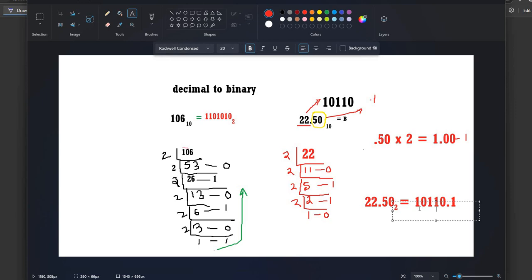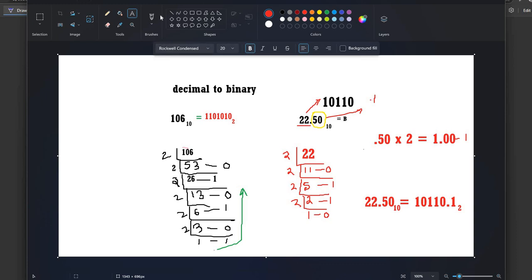Here the base will be 10 and in this part it will be 2. So 22.50 equals 10110.1. This is how to convert a decimal number to a binary number.